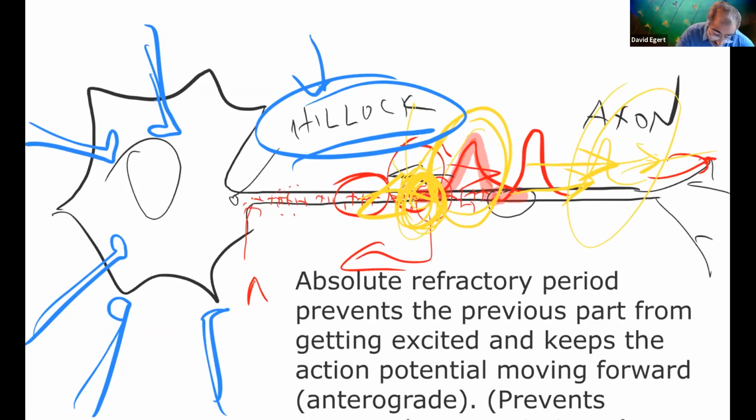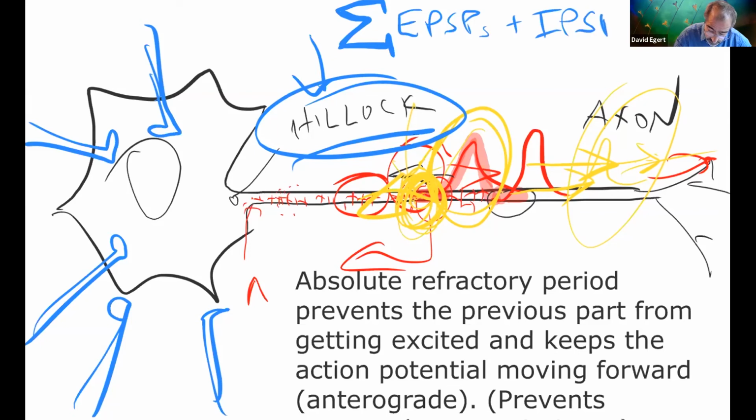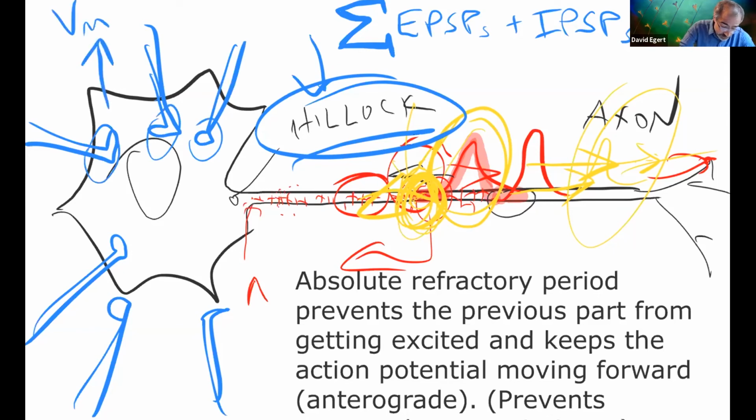It's integrating, it's summing. This is just a Greek letter sigma. It's what you use to do mathematical summation. The sum of all the EPSPs and IPSPs. All of the activity, all the synapses that are either taking the membrane voltage up or taking the membrane voltage down. At some level, the sum of all that is either going to be enough to bring us above -55 or not.